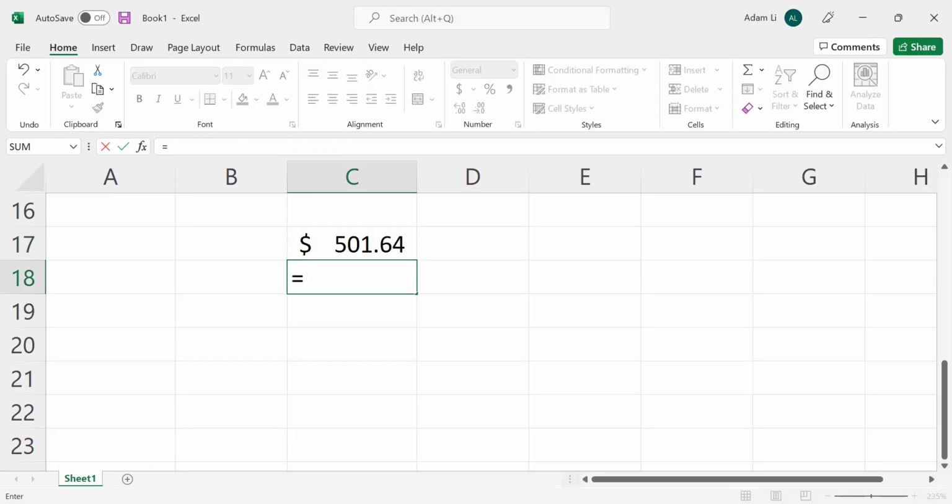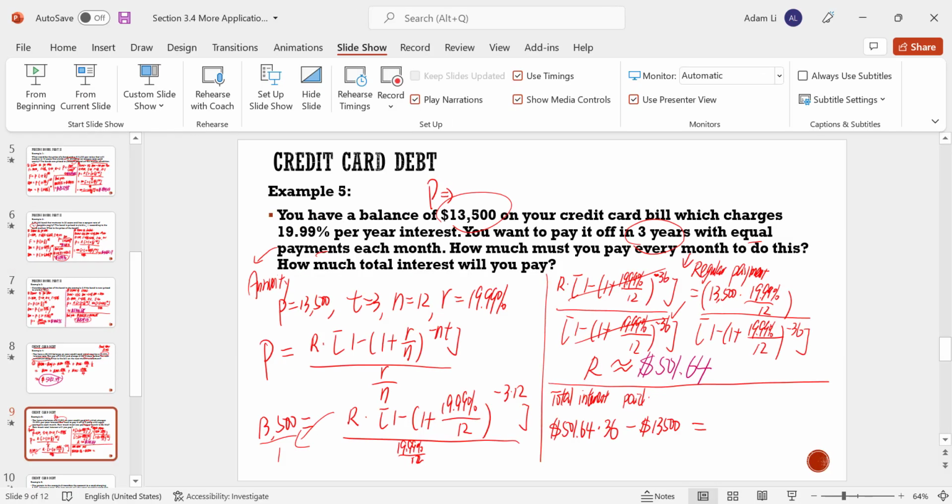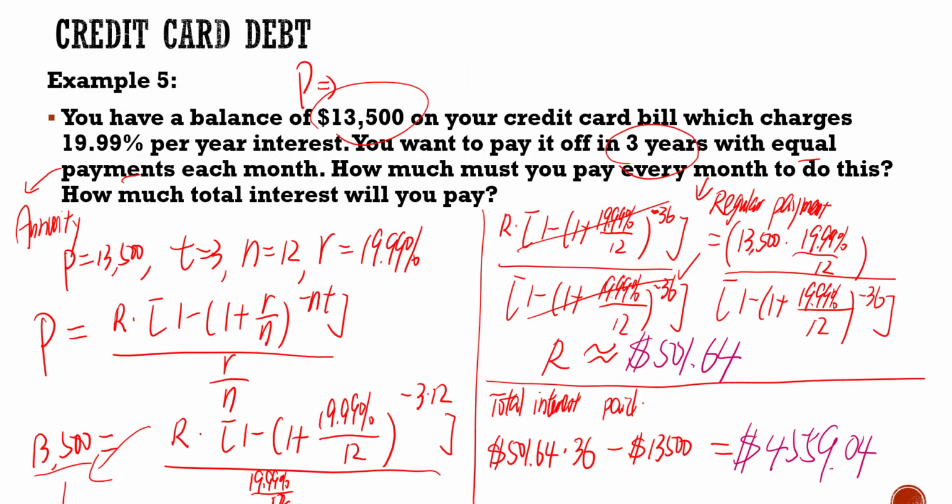So this is 501.64 multiplied by 36 minus 13,500. The difference is the interest payment. So we are paying about $4,559.04. That's basically the interest charge, right?